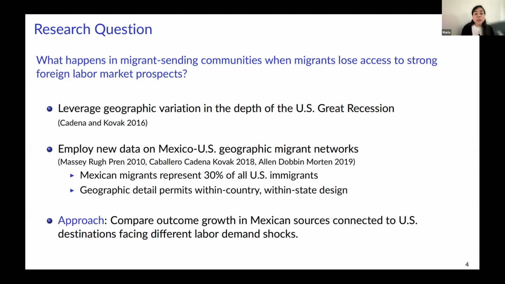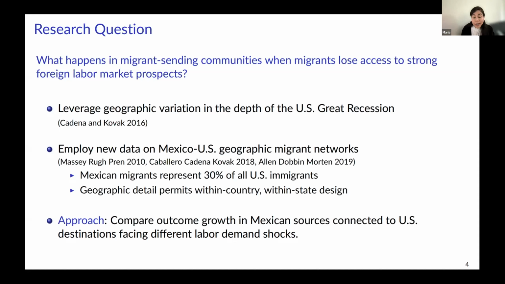And we use new data to construct migrant networks at the subnational level between Mexico and the US. And we focus on the Mexico-US case because Mexican migrants are the biggest migrant group in the US. They represent 30% of all US immigrants.